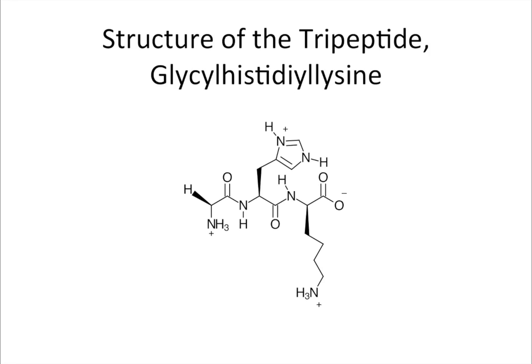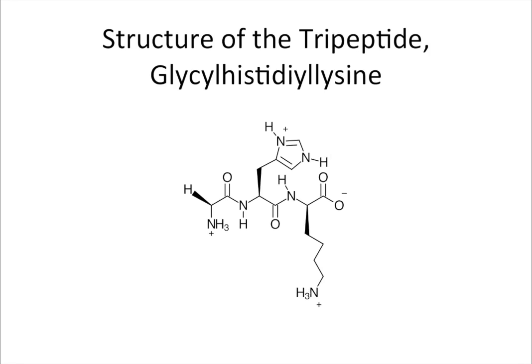Histidyl, we have a histidine group in the middle, characterized by this 5-membered ring that contains the nitrogen components. And then we have lysine, the third amino acid, which has 1, 2, 3, 4 methylene groups, and then an amino group at the end.